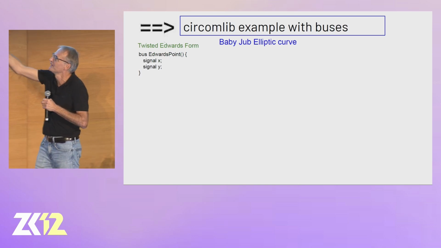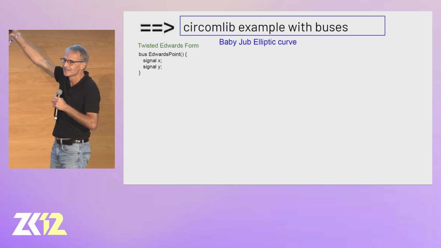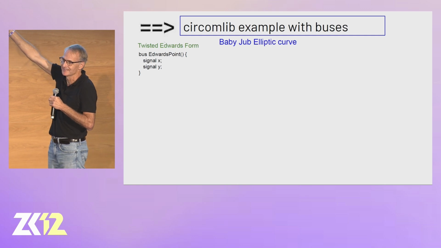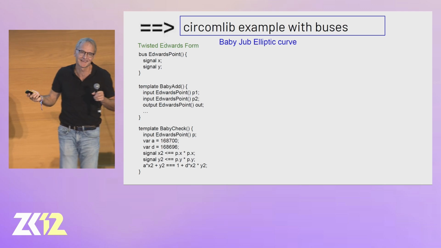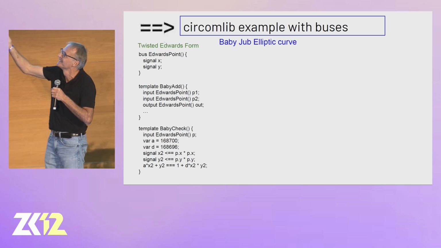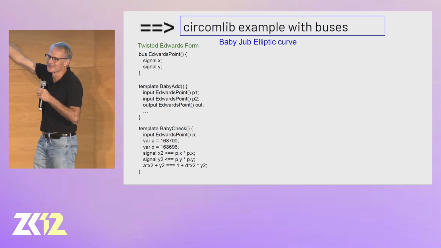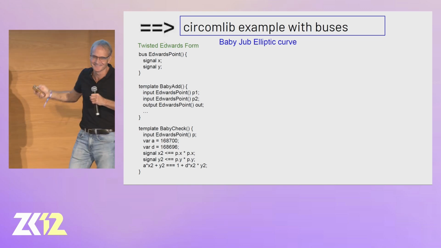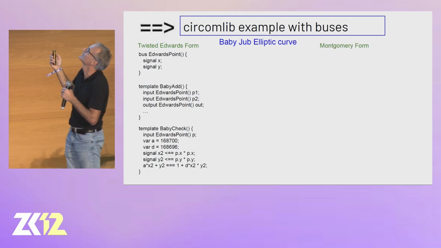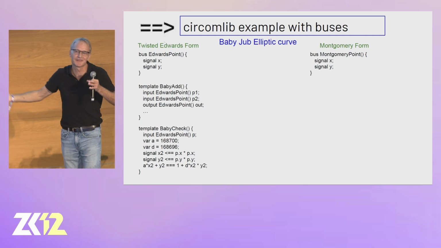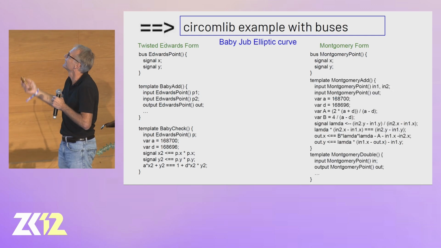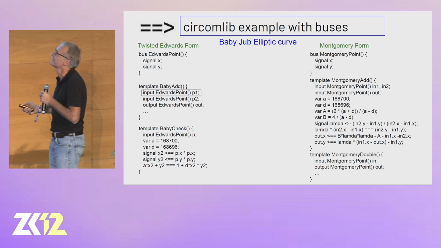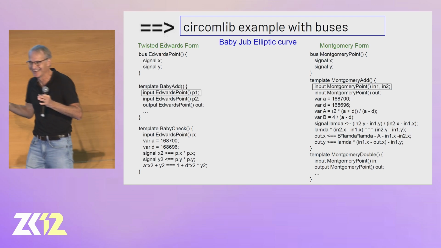Then I have a type for Edwards point: 2 fields, and that's it. And then, what a nice thing: this P1 is an Edwards point, P2 an Edwards point. Now I go to the Montgomery form, another bus, a Montgomery point, and it's clearly different.